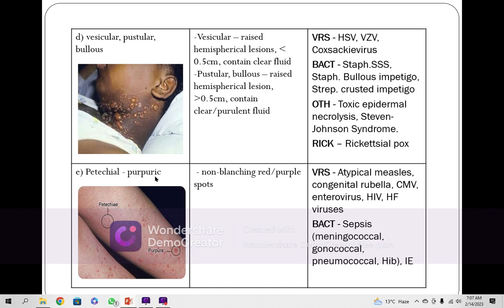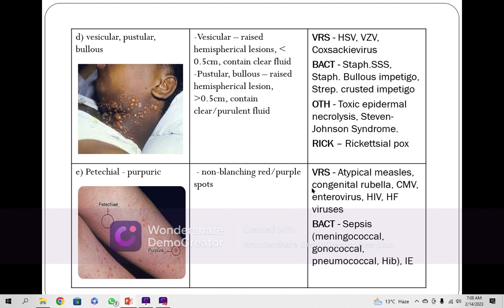And petechial or purpuric rashes: small pinhead hemorrhagic lesions, that is purpuric lesions, petechial lesions, non-blanching red-purple spots. Viruses like atypical measles can cause this, while measles usually causes macular rashes.